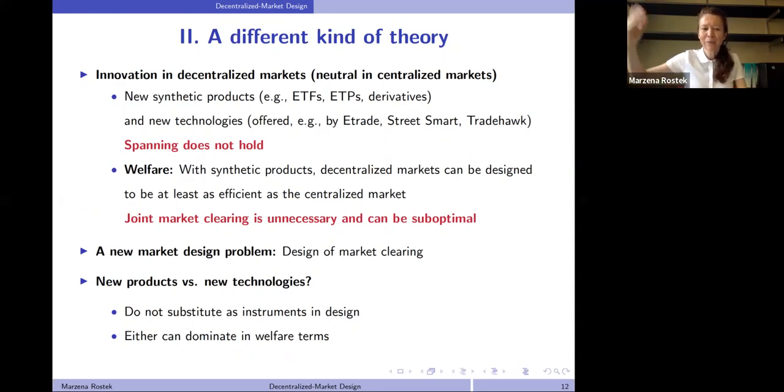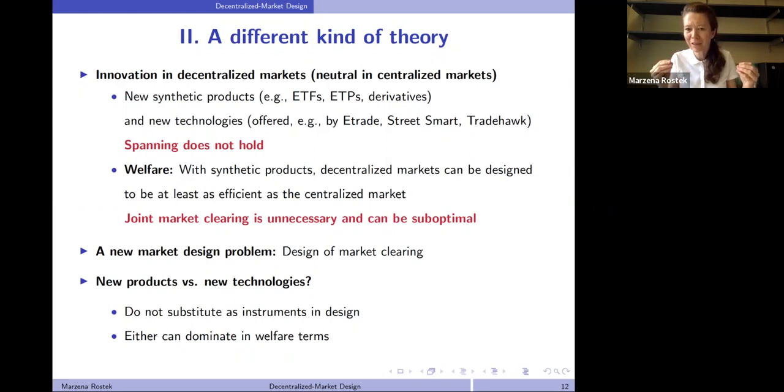In a separate paper, we introduce a new market design problem: the design of market clearing in markets for multiple assets. It encompasses the contingent design, standard in theory but less so in practice, with joint clearing of all assets, the uncontingent design, with independent clearing of all assets, and many more designs.